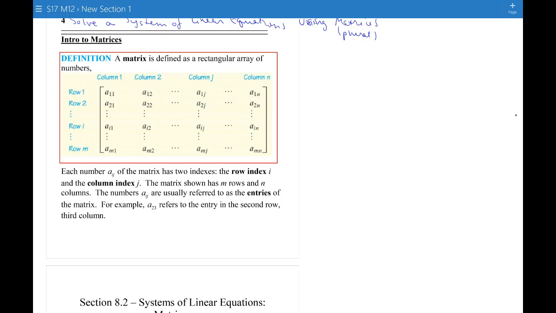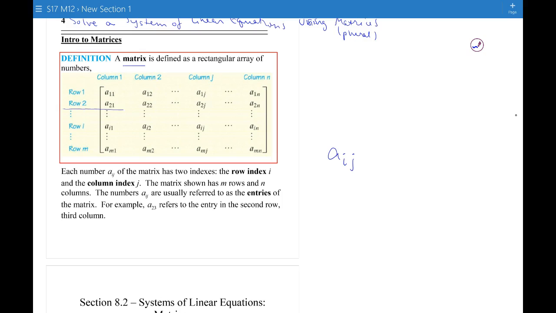If you've ever worked with Excel, an Excel spreadsheet is basically a matrix where it has columns and rows, and you can put things in this arrangement of columns and rows, and then it's called a matrix. So each number has two subscripts, an i and a j. The first subscript tells you what row you're in.